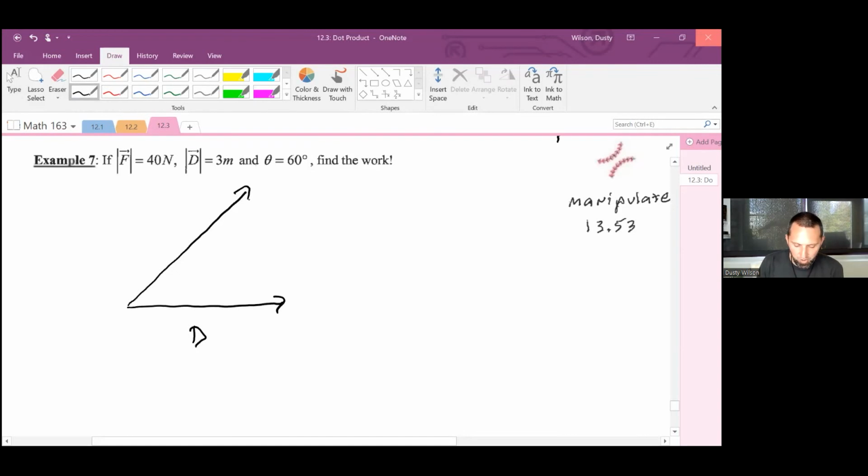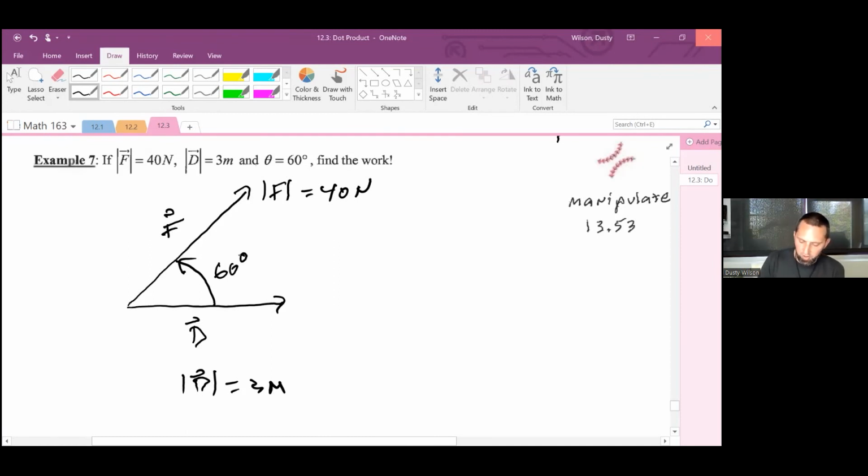In order to make this happen, we're going to pull with a magnitude of 40 newtons. Magnitude of D equals 3 meters. And the angle between these is 60 degrees.